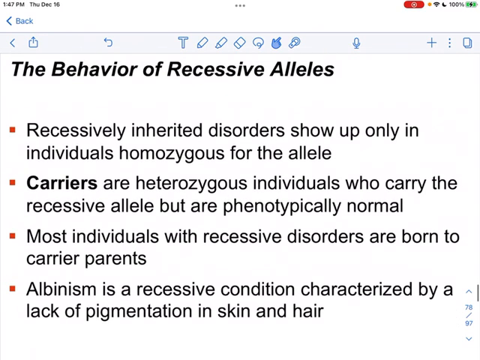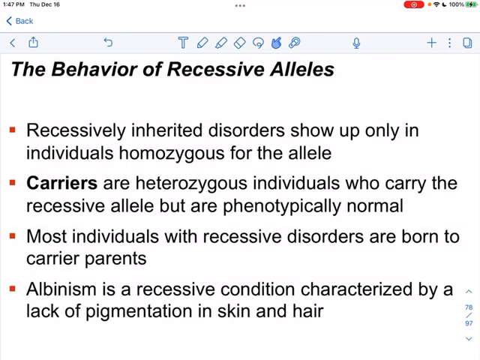So recessively inherited disorders show up only if the individuals are homozygous for the allele, like Tay-Sachs, which we discussed earlier. However, individuals can be carriers. So if you have someone who is heterozygous, these individuals carry the recessive allele, but they're phenotypically normal.